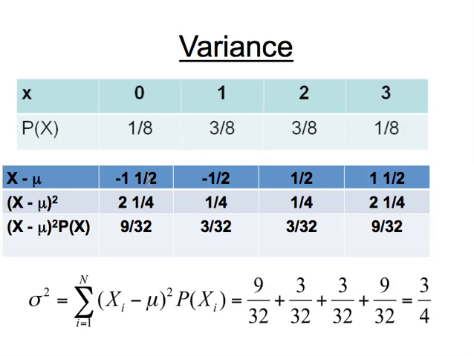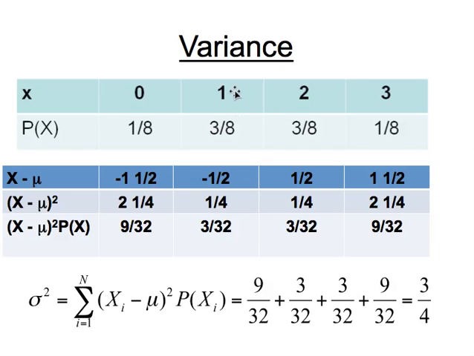Recall that the mean was 1.5. Our first x value is 0. 0 minus 1.5 is negative 1.5. We square that to give us 2.25, and then multiply the 2 1/4 by the probability 1 over 8, which gives us 9 over 32.